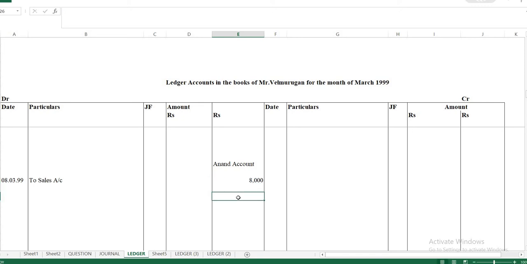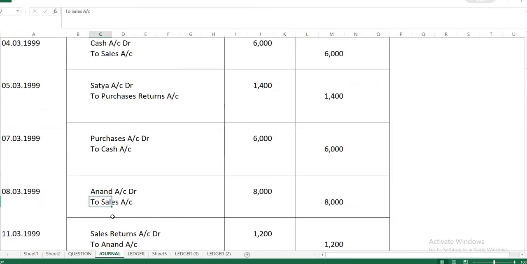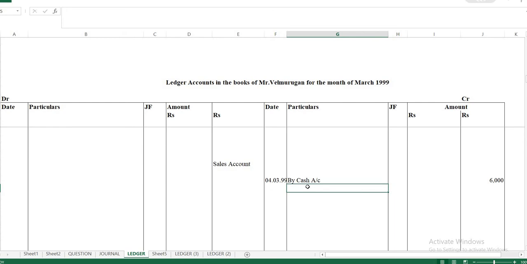You can also show all the calculations in the inner column, and in the final column only the amount you can enter. Okay, so Anand account to sales account you have to put. And in the sales account, what you have to do? When you put it in the sales account, see this entry, by Anand account. So by Anand account you have to use here.